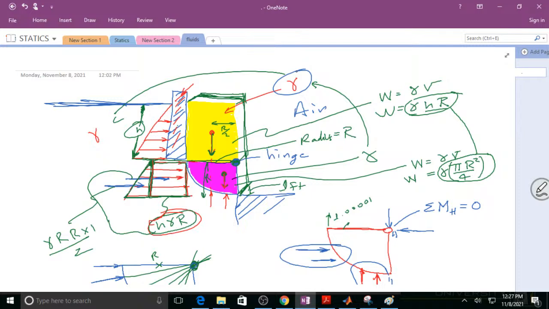Bernoulli's equation and some of the momentum and some of the pipe drop don't have things to trip you up as much. Fluid statics trips you up because you say, oh, it's just statics again, and then it just trips you up a lot.